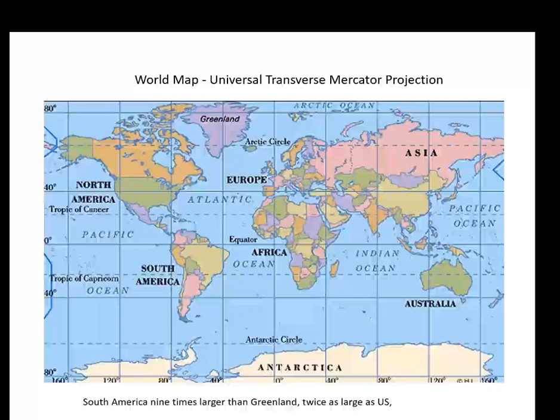North and South America, Europe, and Africa are toward the center. China and Australia are at the right-hand edge of the map, and Russia is split on both sides. We usually put the most important parts in the middle.